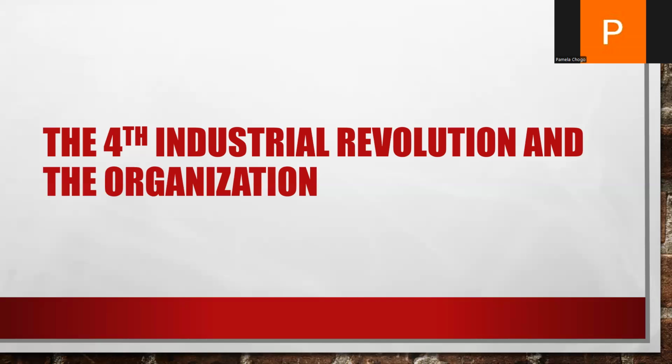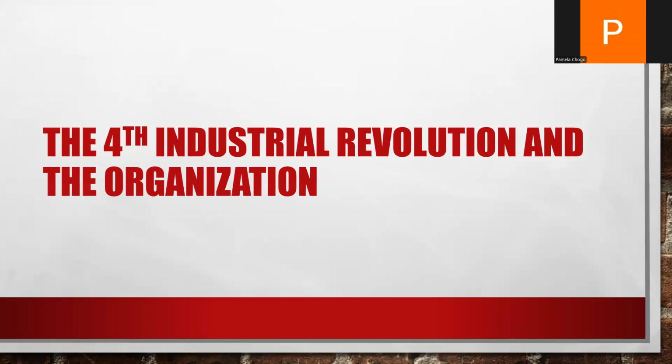So, industrial revolutions are basically the changes in technology that have been happening from way back to where we are today. So we have had the first industrial revolution, the second, the third, and now we are at the fourth industrial revolution.